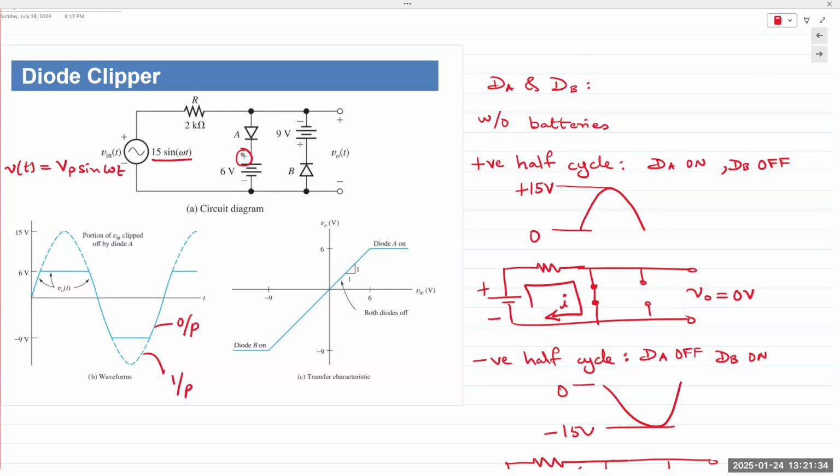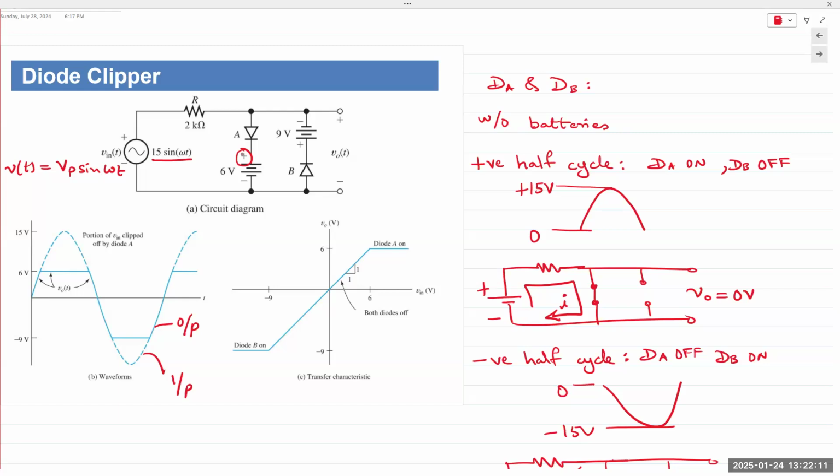If both of them are 0, the diode is off. The anode must be higher than the cathode. If it is not, the diode does not turn on. So if the cathode is always held at plus 6 volts, the anode must rise above 6 volts in order for the diode to turn on. Otherwise, the diode remains off.